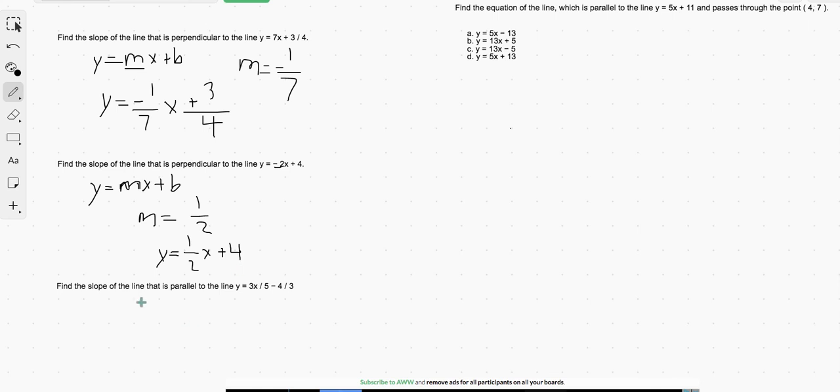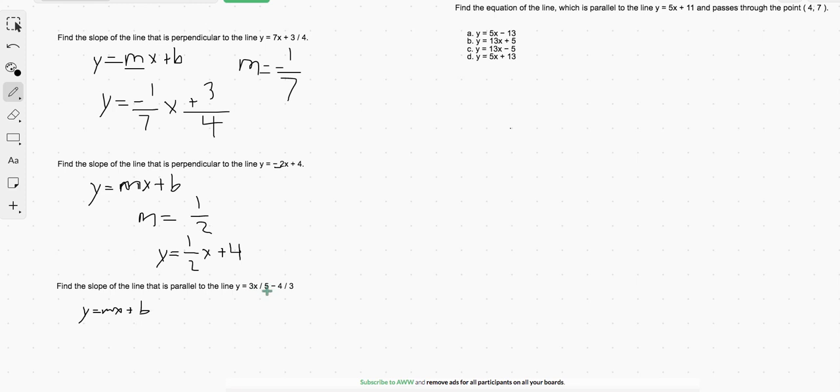So now, find the slope of the line that is parallel to the line y equals 3x over 5 minus 4 over 3. So y equals mx plus b.